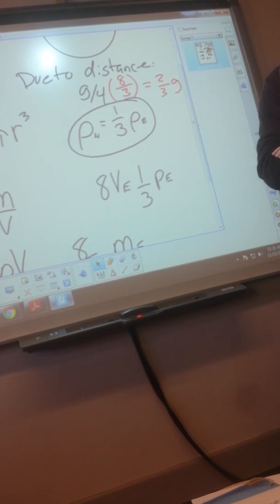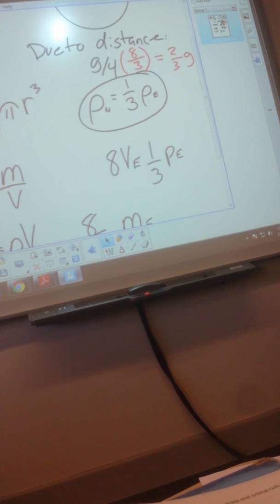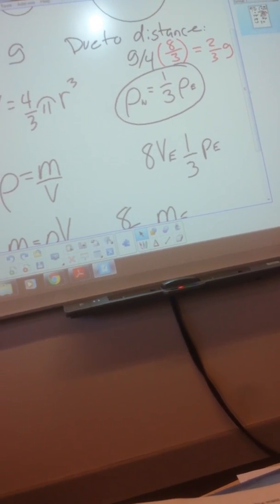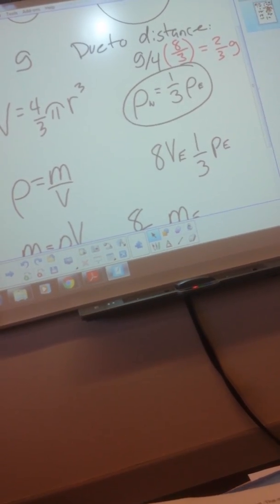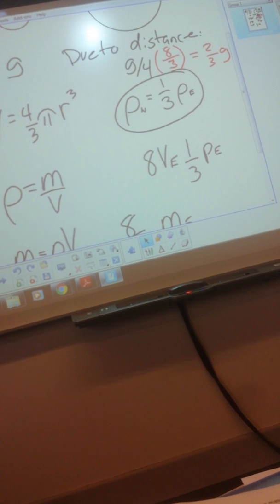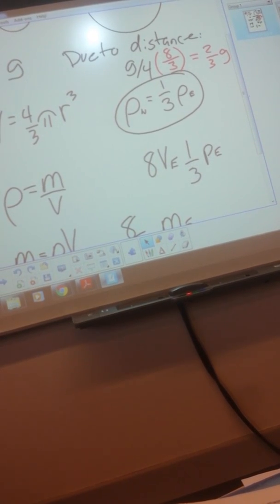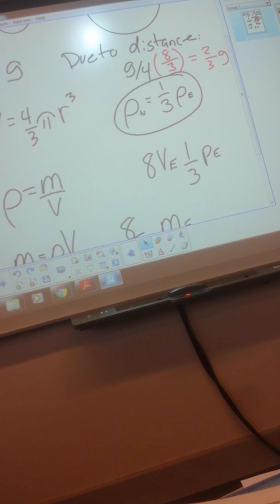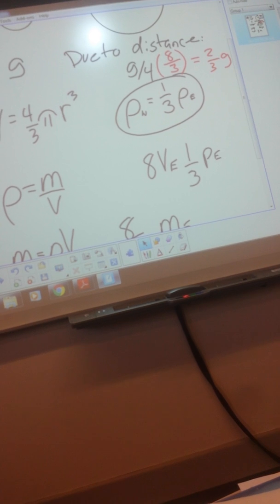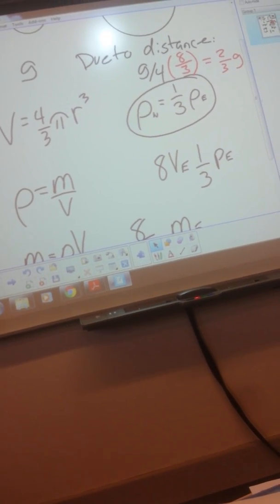Ethan asked about 21, which was very similar. 4 times the radius of Earth. What would that do to the force? Being 4 times bigger, it'd be a 16th, right? It would go down by 4 squared. So due to distance, it was a 16th of it.